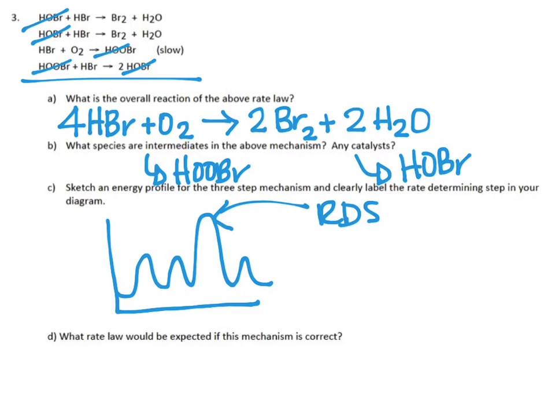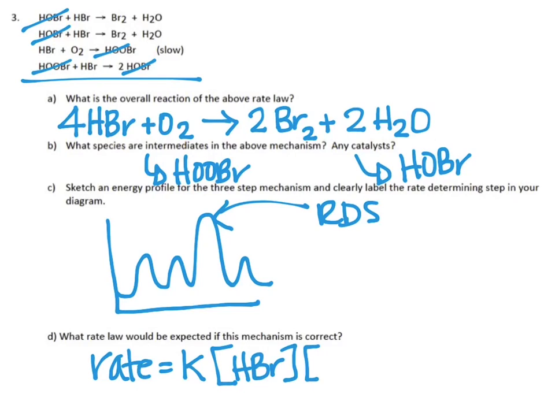So now you write the rate law. Tell me, what is the rate law? Rate is equal to K times the concentration of HBr to the first order times the concentration of O2 to the first order.